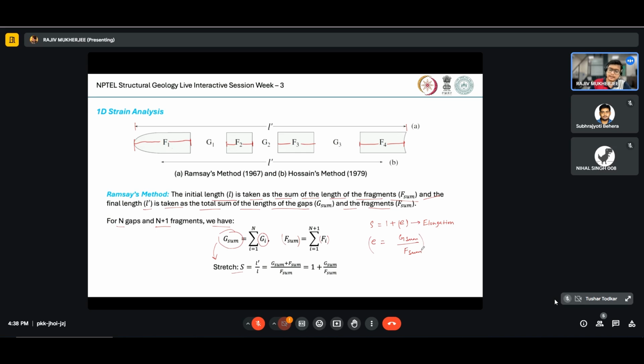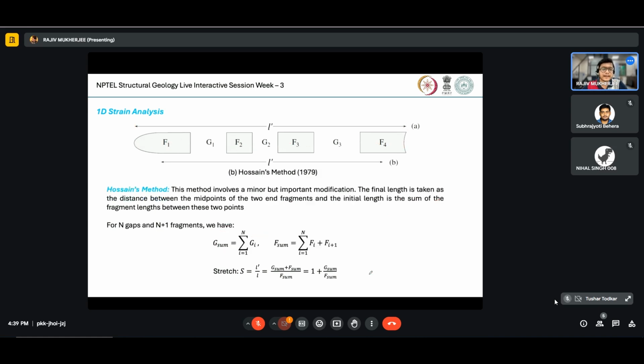So this is the formula for that, and we also know that quadratic elongation lambda has a formula of a square. So if we know the length of these individual fragments and their corresponding gaps, we can calculate the elongation, the stretch, as well as the quadratic elongation. Okay, so this is Ramsey's method.